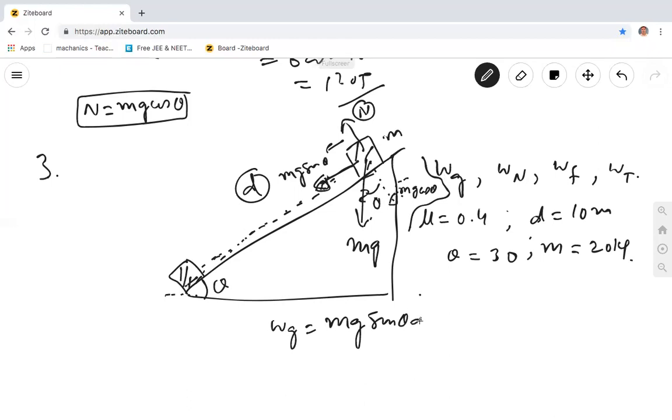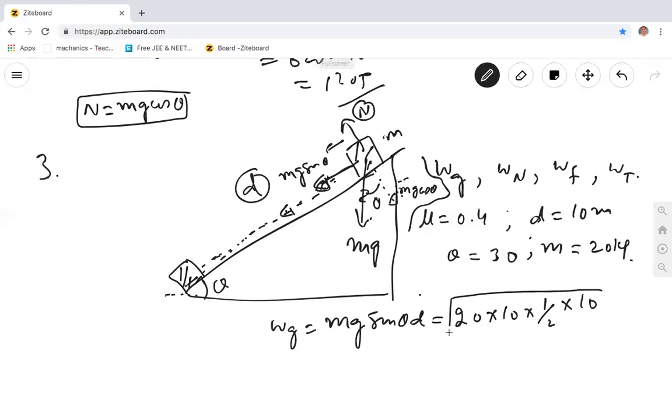There's no need to write dot or anything else, because force and displacement are in the same direction. That's why we just multiply them. You already remember, if force and displacement are in the same direction, we just multiply them. Here m is 20, g is 10, sine 30 is 1 by 2, and d is 10.